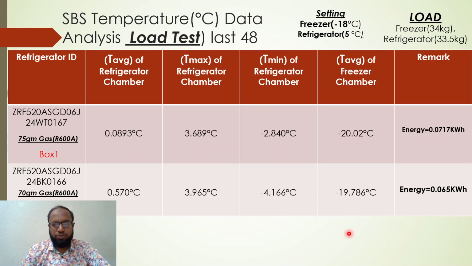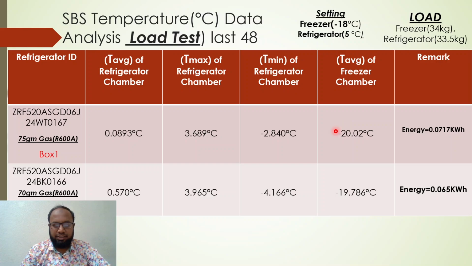We see box 2 consumes less energy, and the temperature achieved is 0.57 degrees centigrade, which means 0.6 degrees centigrade. Due to the lower energy consumption, we say this refrigerator performance is good. But in the case of the 75-gram gas, we get more energy, 0.071.